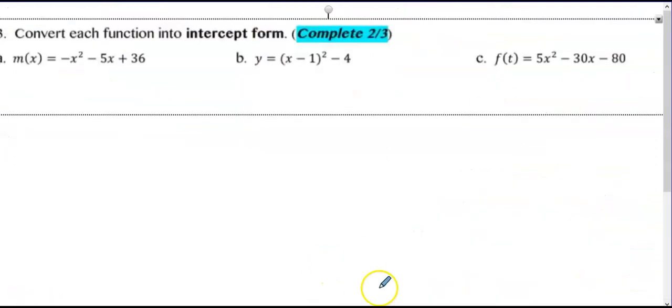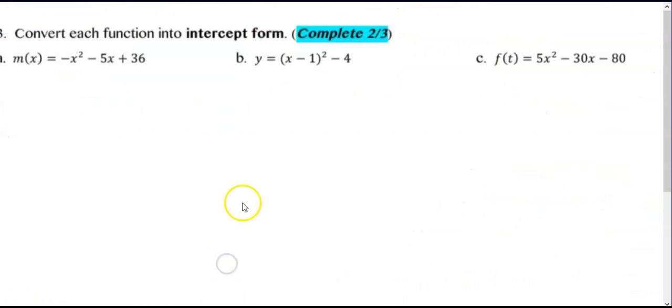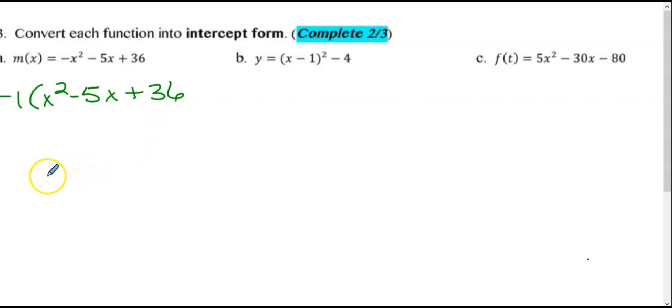So, okay. Next section, number 3, says convert to intercept form. I need to take a -1 out of this because I can't factor this with that being a negative. So let's take a -1 out. 36, my two numbers are 9 and 4. 9 needs to be negative.